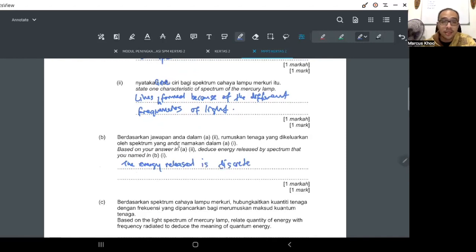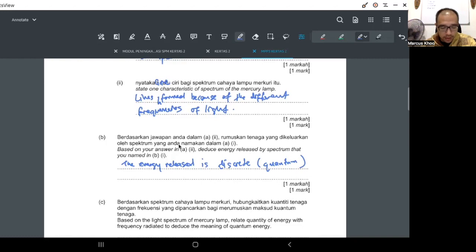The energy released by the spectrum is discrete, or you can call it a quantum, or you can also call it in packets. The energy is released in packets. But I think the more normal way to say it is that it is discrete.